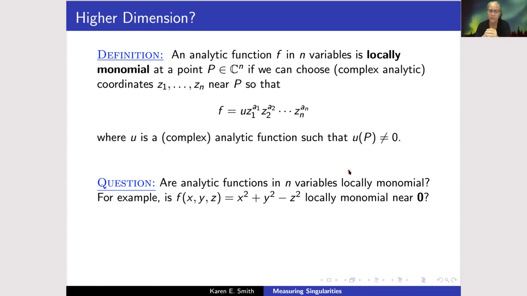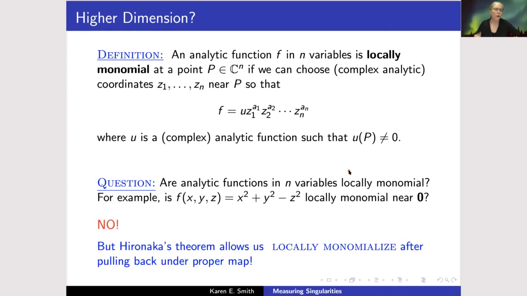So if I look at a power series of that complex analytic function in n variables, can I choose coordinates so that it's just a monomial times a non-vanishing complex analytic function? Analysts and others who've recently taken complex variables know that the answer is definitely no. It's definitely not true that an analytic function in many variables will be locally monomial. The one-dimensional case is very, very special. It's not even true for this cone.